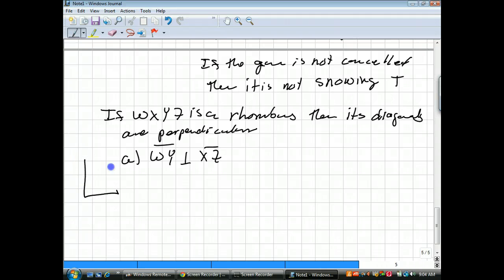Okay, so let's look at the picture. WXYZ, and WY is perpendicular to XZ. Well, if that's all we know, then we can come to no conclusion.